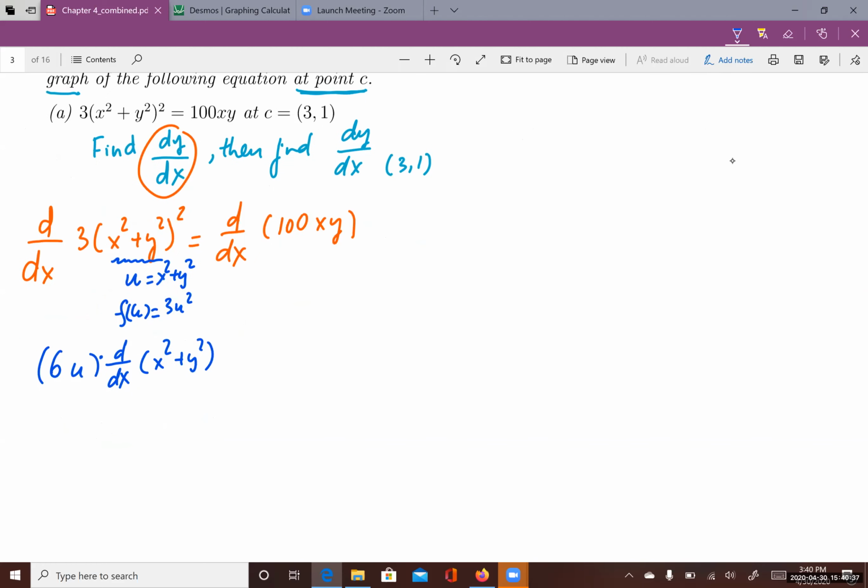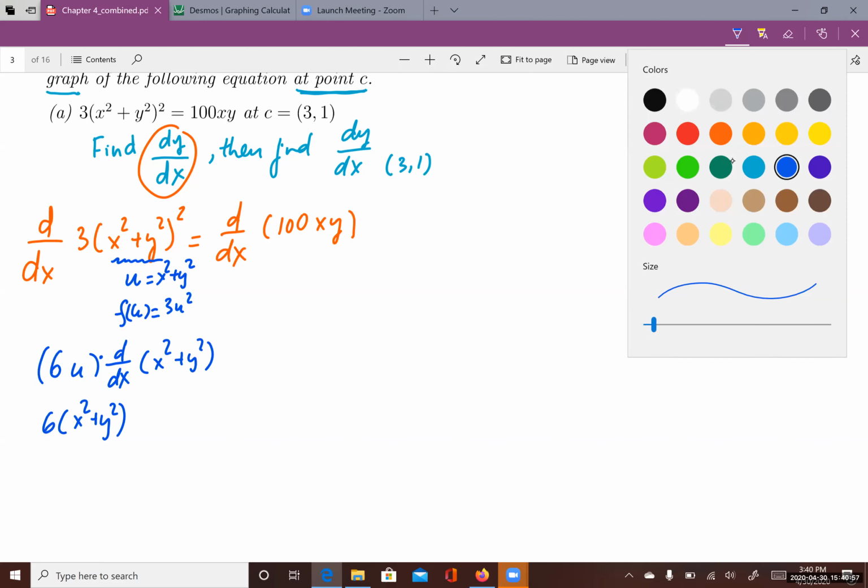Let's try to finish the left side and then go to the right side. So f prime of u is just 6 times (x squared plus y squared), and then multiply by this derivative.